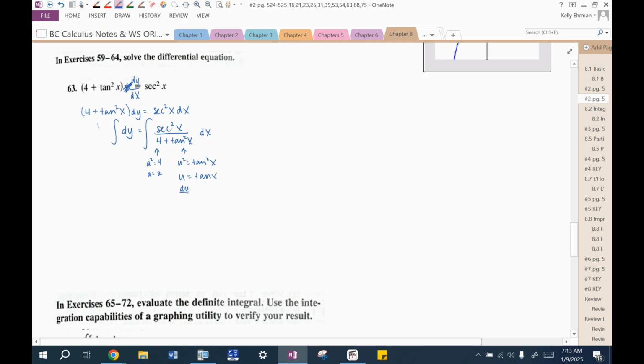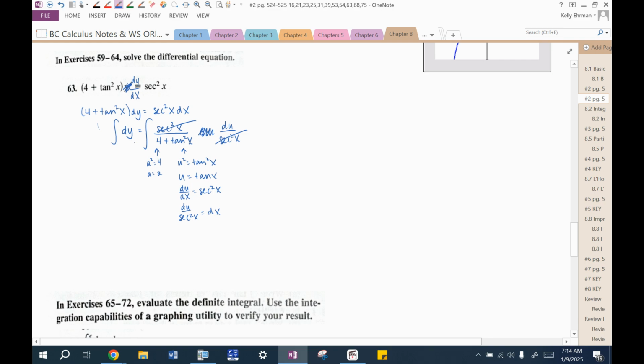And then we would need du/dx, and that's secant squared x. So that's great because we have that, and we're going to cancel that out. du divided by secant squared x will equal dx. So in place of this dx, I can put in a du over secant squared x. So the secant squareds can cancel.